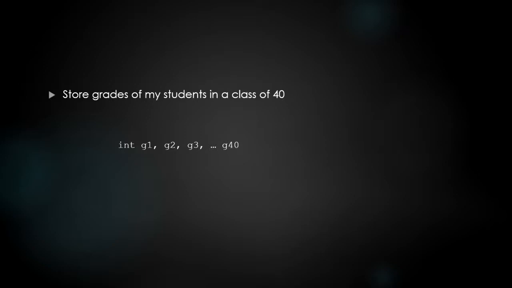Now let's say we want to calculate the average grade of all the students in this class. To calculate, we will have to do a total of the grades. So we'll have a variable total, and this total will be equal to G1 plus G2 plus G3 and so on. And the total will be divided by 40 to get the average.